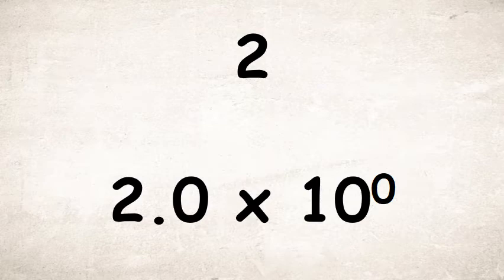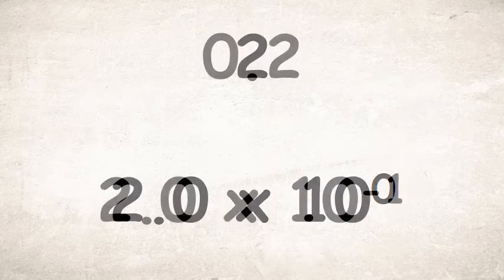Okay, and remember from your indices that anything to the power of 0 is 1, so 10 to the power of 0 would be equal to 1. 2 times 1 is 2. Right, so it will be the same. But keep this in mind, that when you have a single digit, which is a whole number, and you are asked to write this in standard form, you need to put the power of 0.